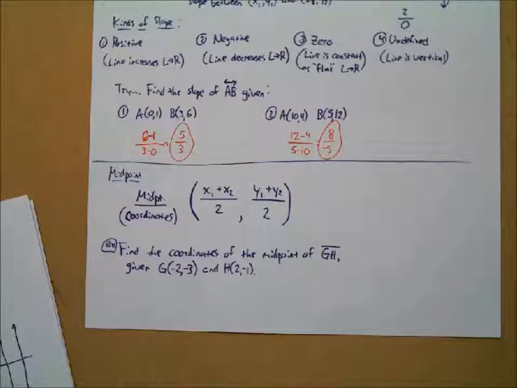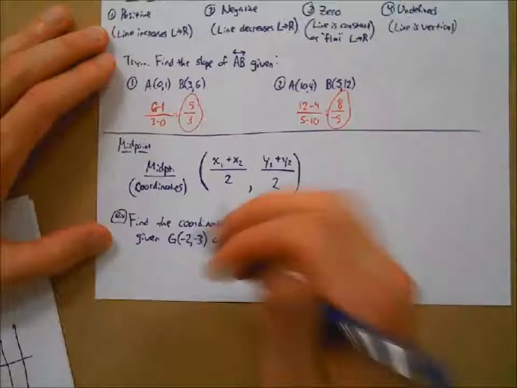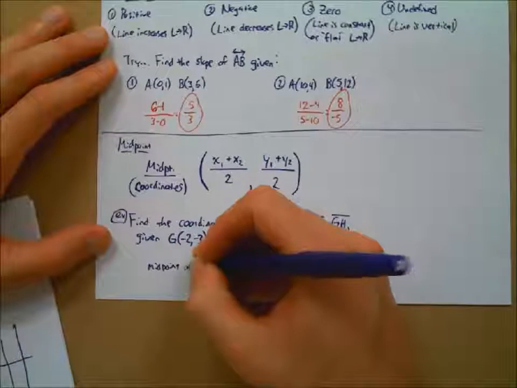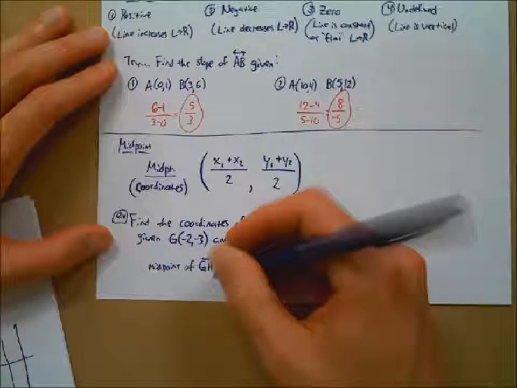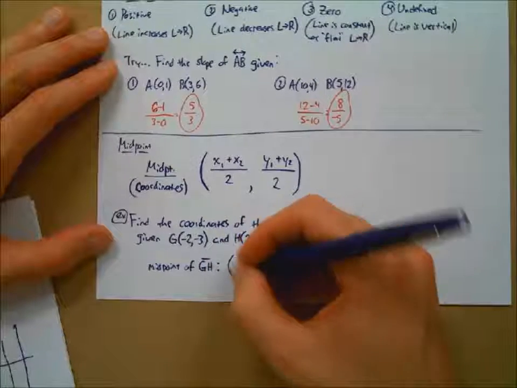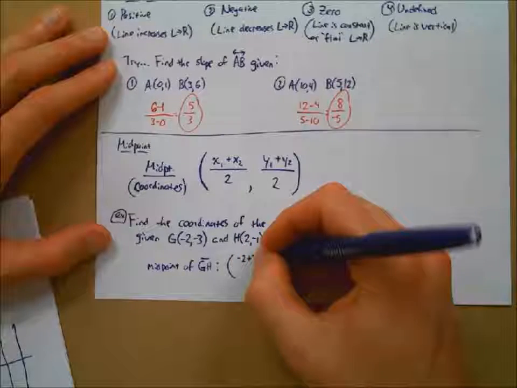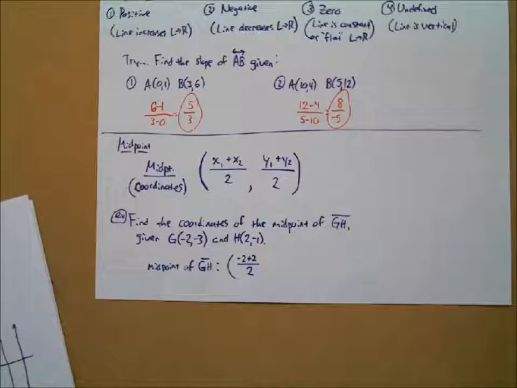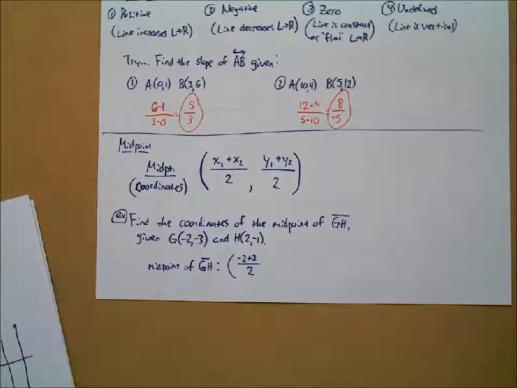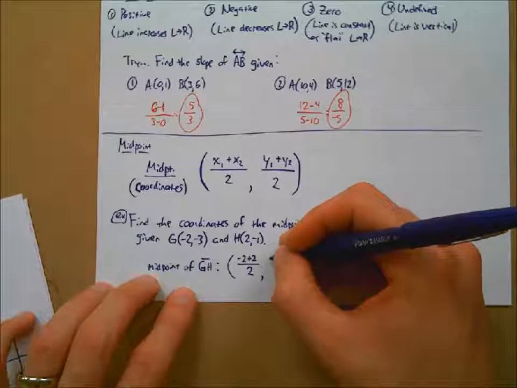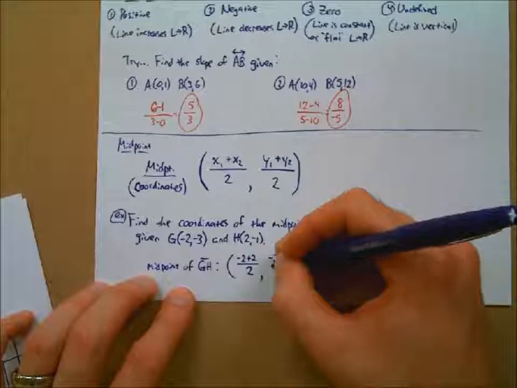Here's what we do. We take our 2 x-coordinates, -2 and 2, add them up, and divide by 2, finding the average of those 2 x-coordinates. Then the y-coordinates, add them up and divide by 2.